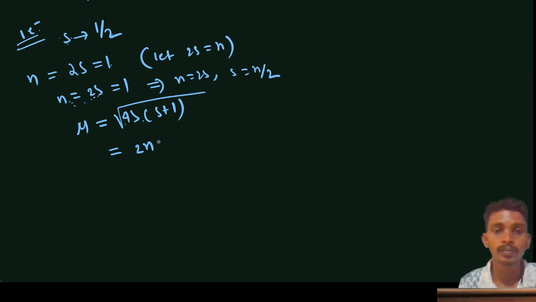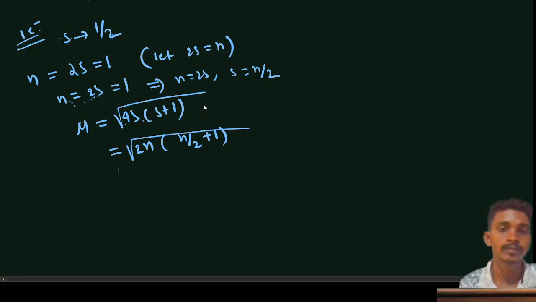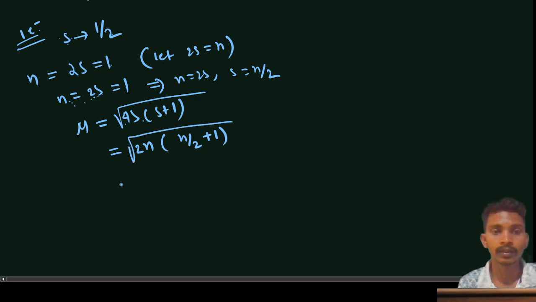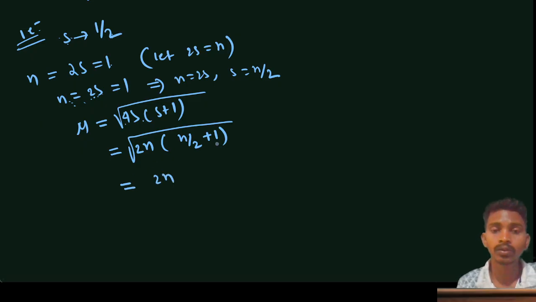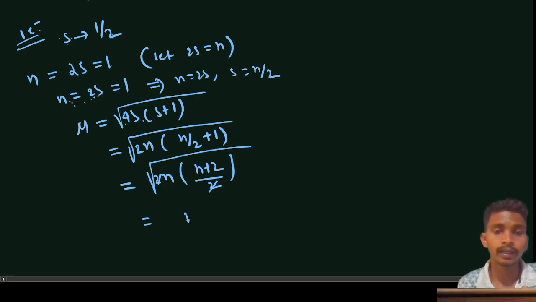So I can put this value here: n upon 2 plus 1, under the root. Okay, if I add this, 2n, then this is 2, then this is 2, that is n plus 2 upon 2. So I can cancel the 2, and this value is going to be n plus 2.